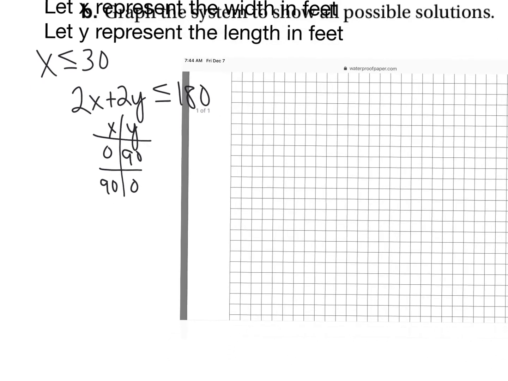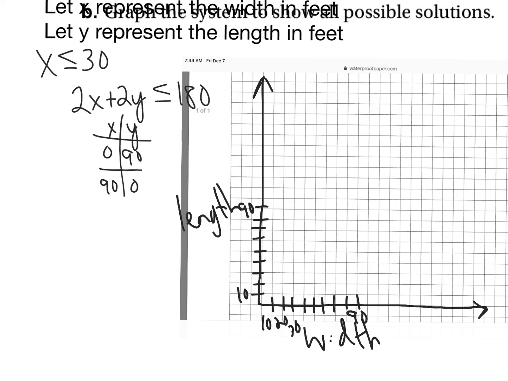This one maybe we'll go by tens. So if x is less than or equal to 30, that'd be a solid line. X equals 30 would be a vertical line here. If it's less than 30, that would be going to the left of that one.